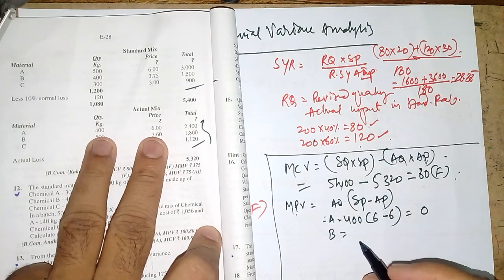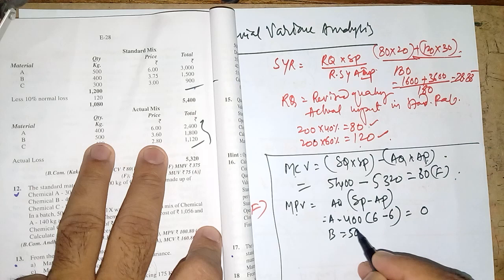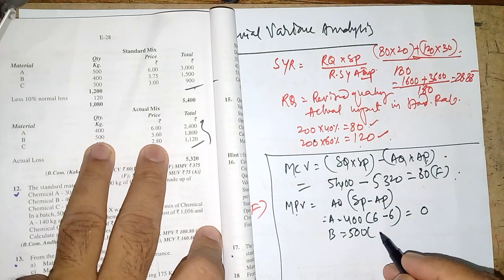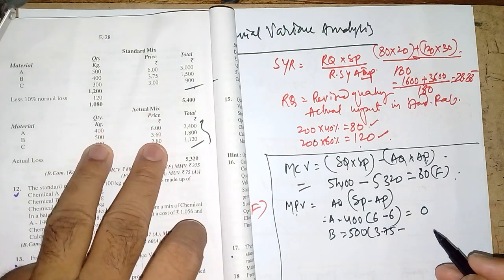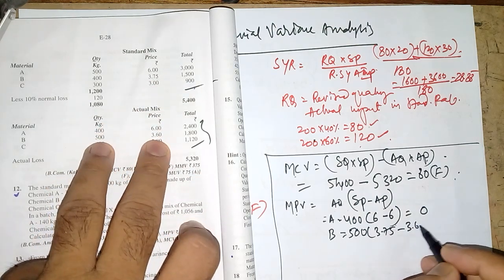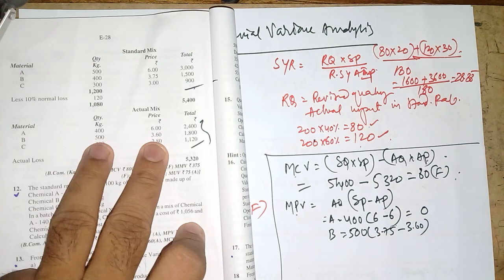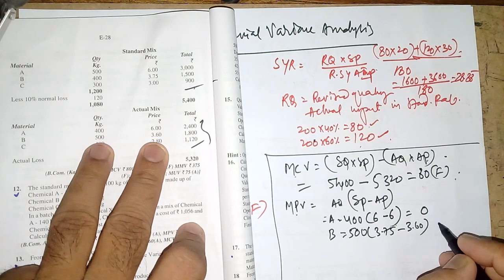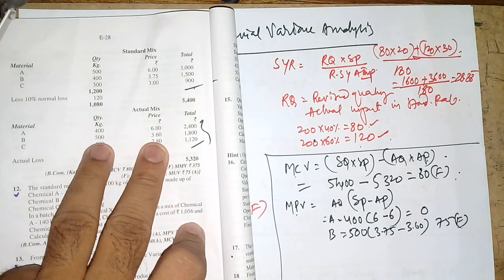Then B is equal to, actual quantity is 500, standard price is 3.75 minus actual price is 3.60. So this is how much? 3.75 minus 3.60 is equal to 0.15 into 500 is equal to 75 F, favorable.